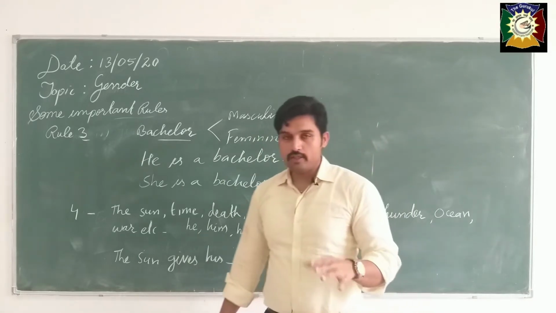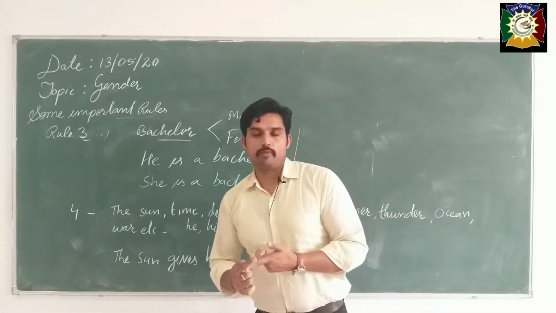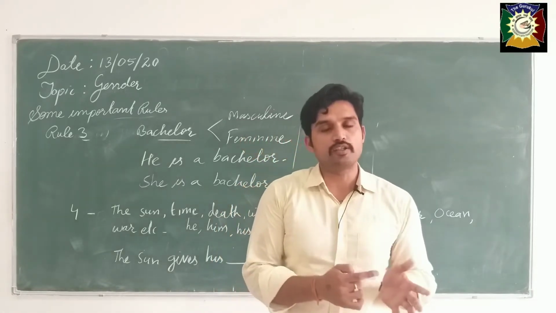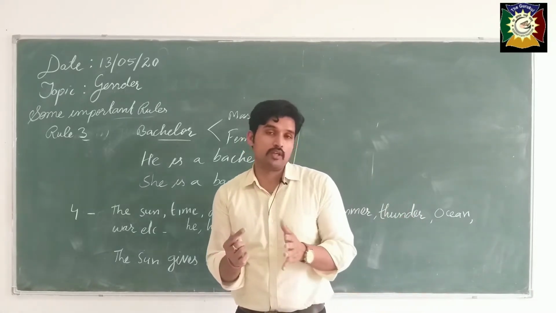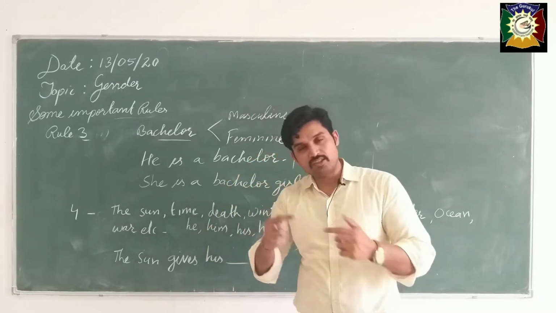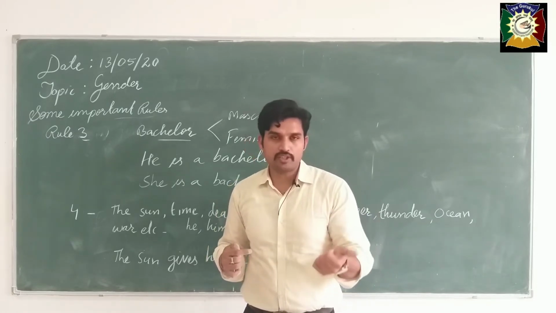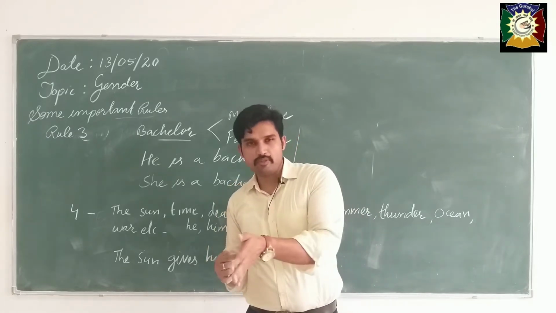Rule number 4, this is the opposite of rule number 1, where we learnt about words which are used with singular pronouns related to she, her, hers. Now this is opposite. Earlier we learnt that words like moon, nature, etc. are used with feminine pronouns.